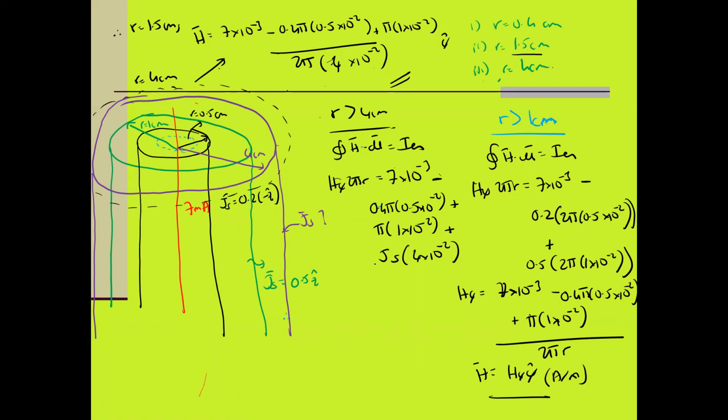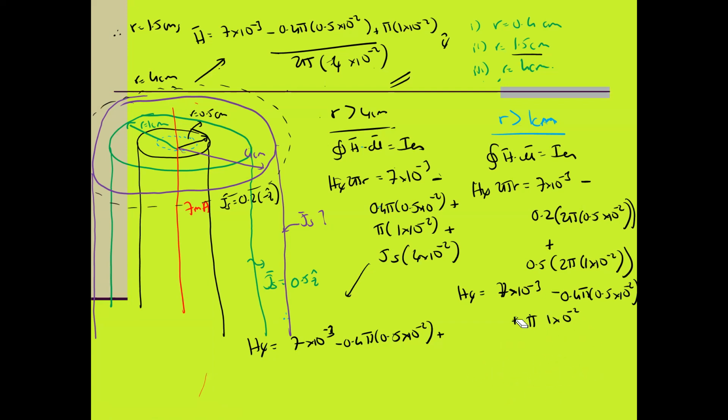When we proceed with the left-hand side and right-hand side terms, we are supposed to get the H field equal to 7 times 10 to the power of negative 3 minus 0.4 pi, 0.5 times 10 to the power of negative 2, plus pi 1 times 10 to the power of negative 2 plus JS multiplied with 2 pi r supposedly.